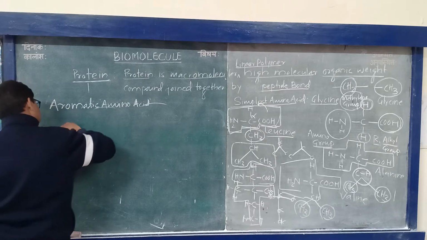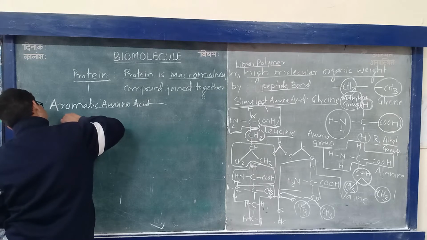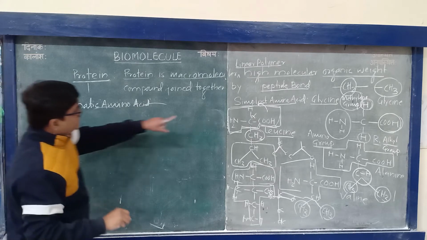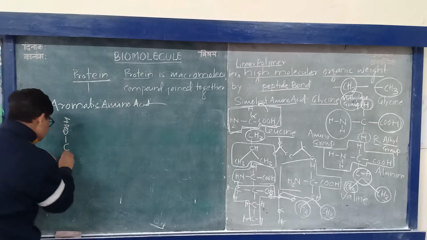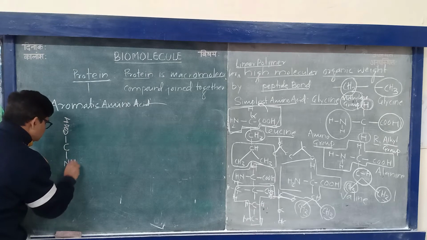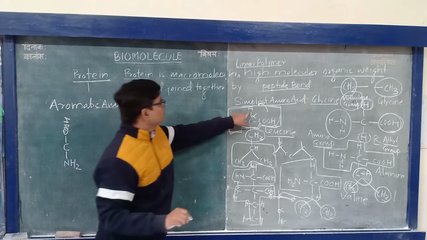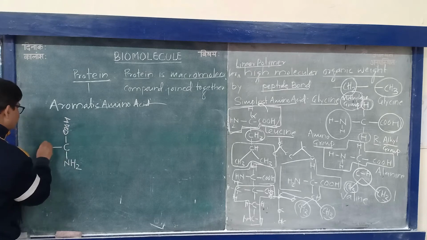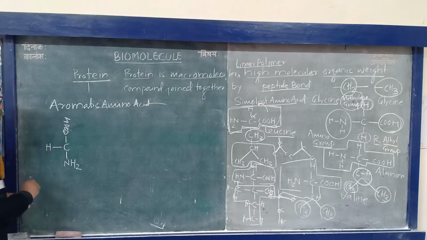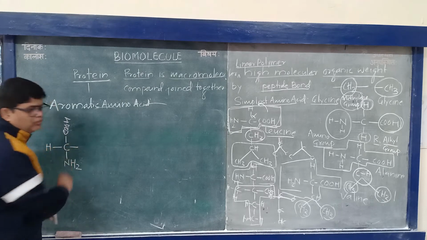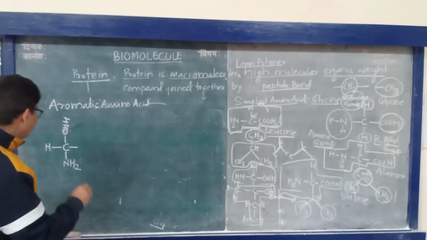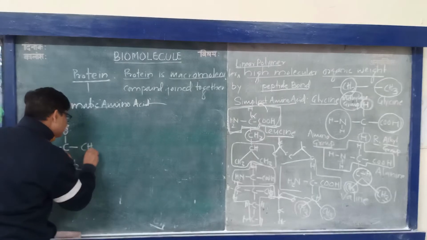Yeah, you can show like that, COOH. Okay, and then this will come at the bottom like NH2, and then this hydrogen will be on the left side. Okay, and then you have to add one methylene group.